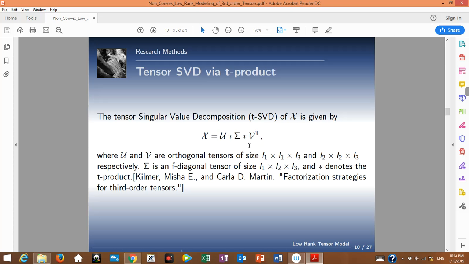The tensor SVD decomposes a third-order tensor into three other tensors. U and V are orthogonal tensors, and sigma is a diagonal tensor. This kind of TSVD was introduced by Kilmer and Martin. The star here means they use the T-product, which is a very useful algebraic operation. You can see the details in this paper.